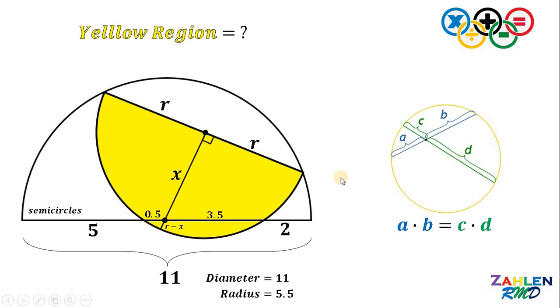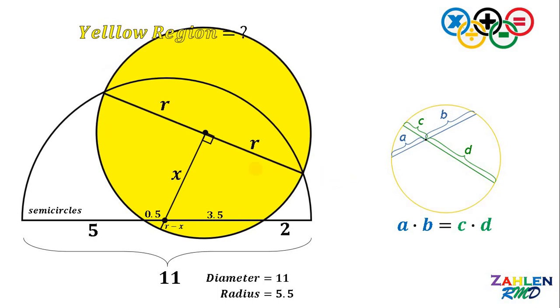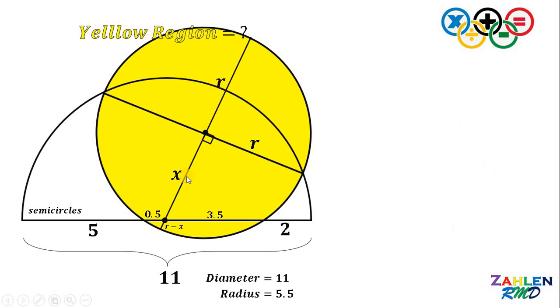To use this theorem, we're going to complete this yellow circle and extend this radius. We know that the length of this segment is also R, because it is the radius of this yellow circle. Using the chord-chord power theorem, we have R plus X times R minus X equals 0.5 times 3.5.